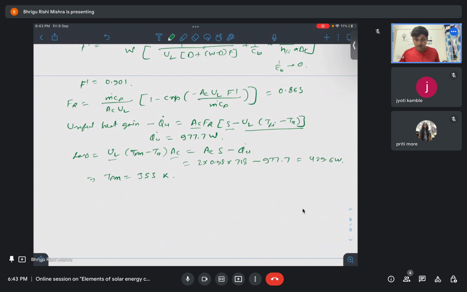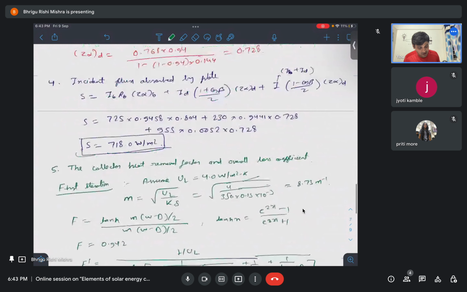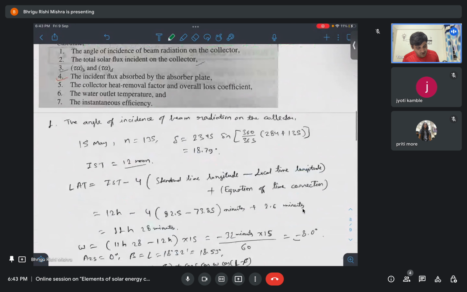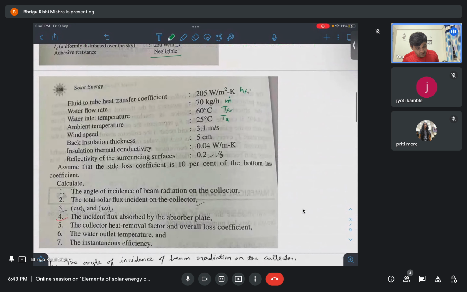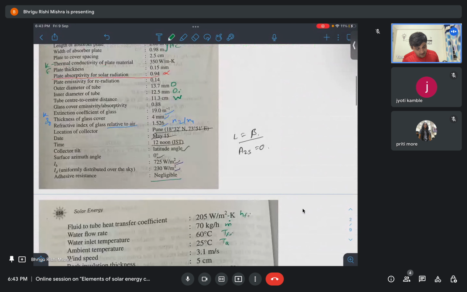So now we can use this Tpm to calculate the top loss coefficient, since we can easily calculate the side loss and bottom loss coefficients. For the bottom loss coefficient, the thickness of insulation and the insulation conductivity are given here. For the side loss, it is given to assume that the side loss coefficient is 10% of the bottom loss coefficient.